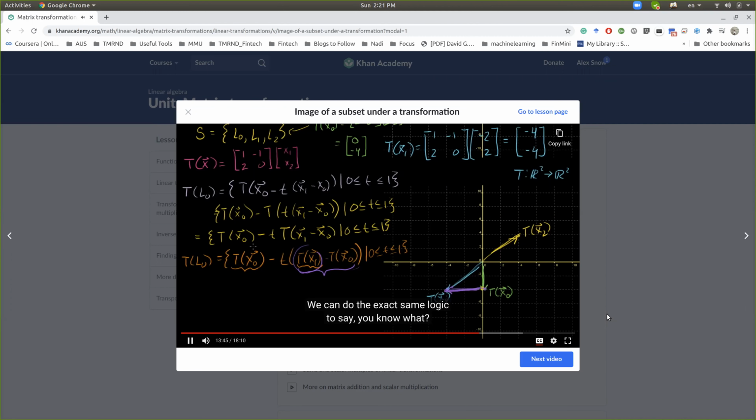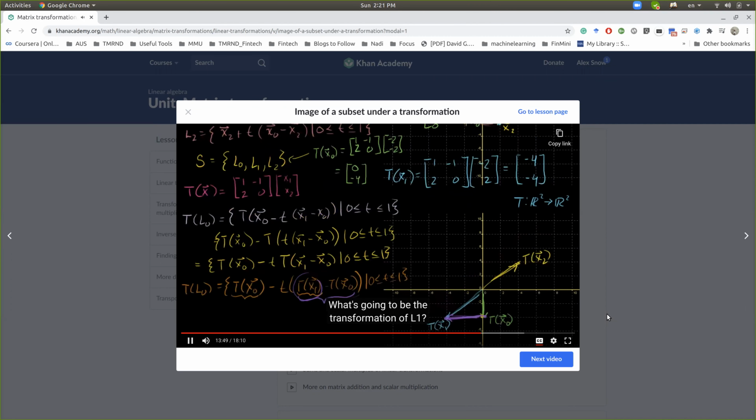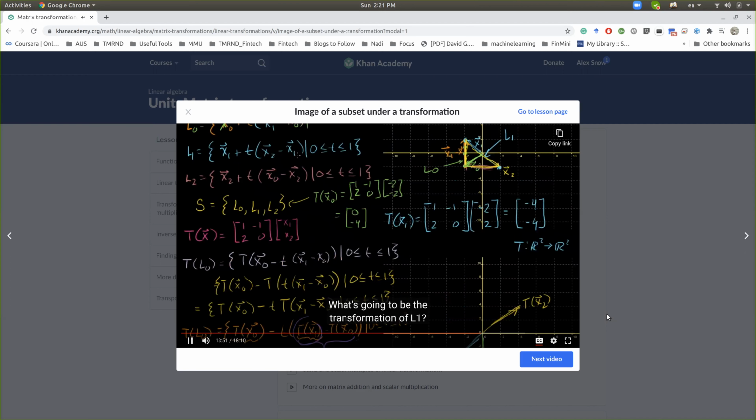We can do the exact same logic to say, you know what? What's going to be the transformation of L1? Well, L1 was between the points x1 and x2. It was between that point and that point. So using the same logic, we can do the math all over again, but it applies to any line. I did it all abstractly here.